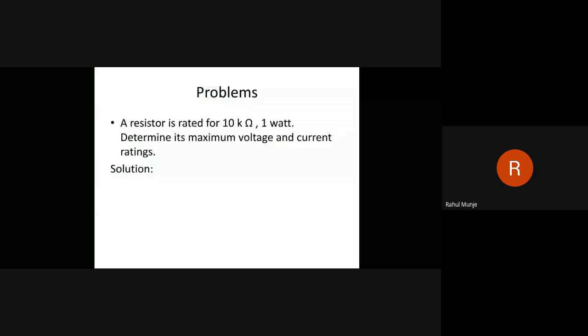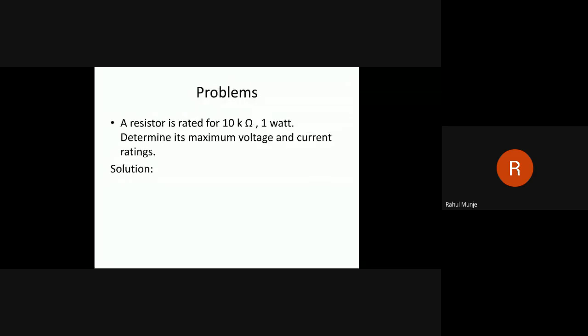No, small mistake. Ma'am, V is equal to 100. Right. V equals 100 volt.